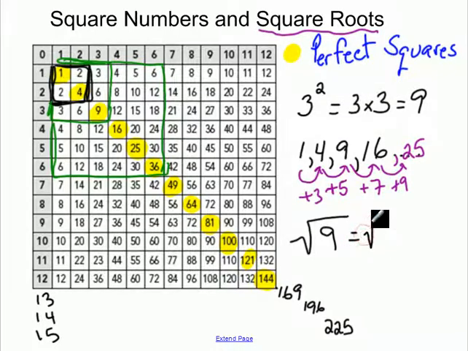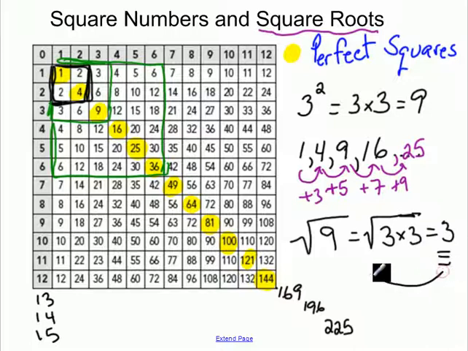If you think about this, I can rewrite this like this if I want to. 9 is the same as 3 times 3. So the square root of 9 is just what number did I multiply by itself to get 9. So the square root of 9 is 3.